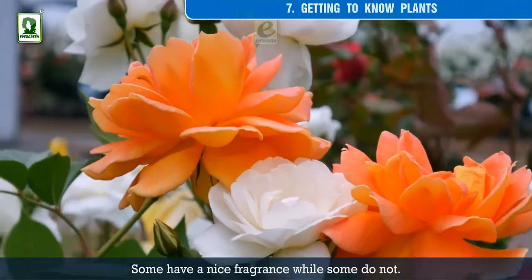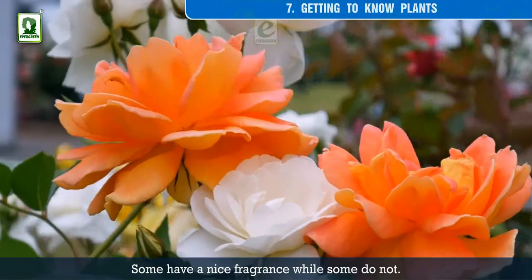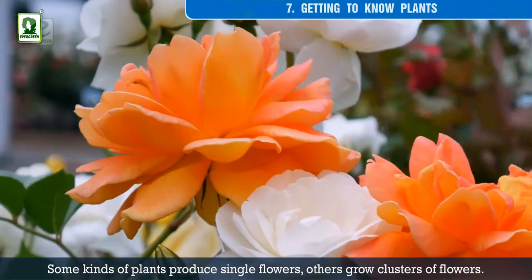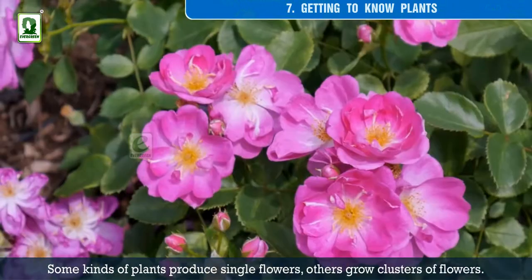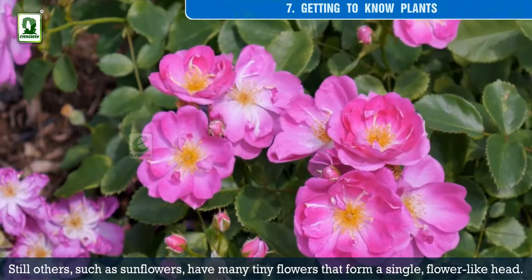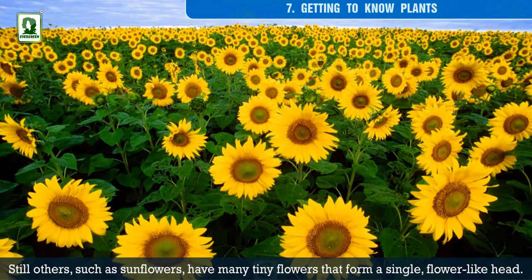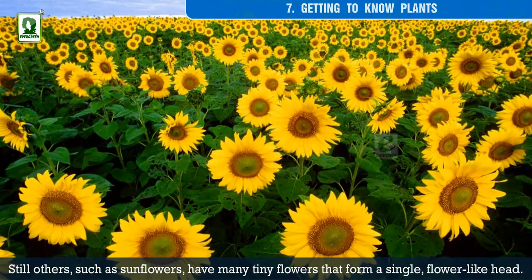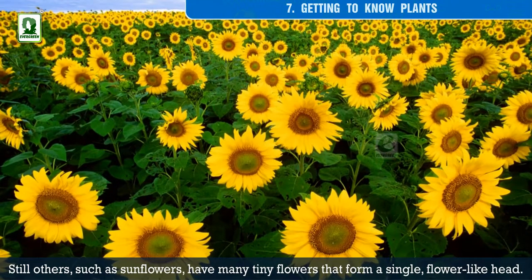Some have a nice fragrance, while some do not. Some kinds of plants produce single flowers, others grow clusters of flowers. Still others, such as sunflowers, have many tiny flowers that form a single flower-like head.